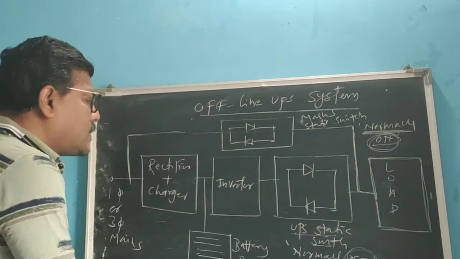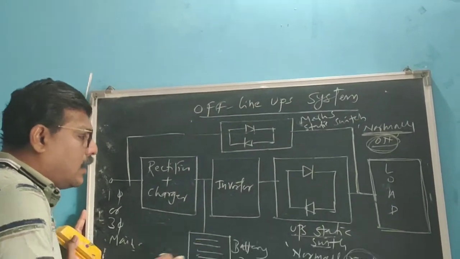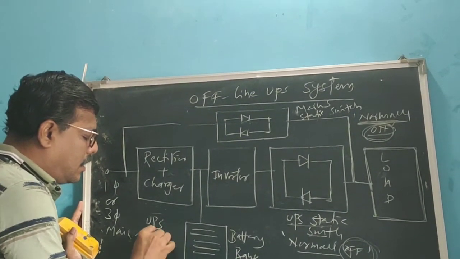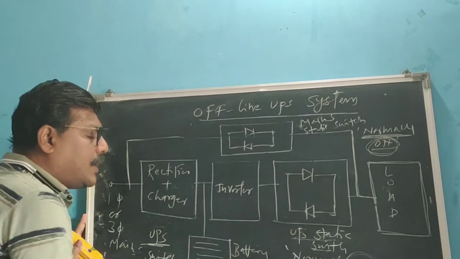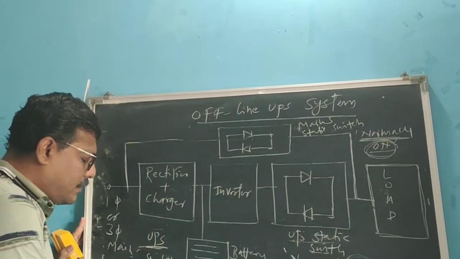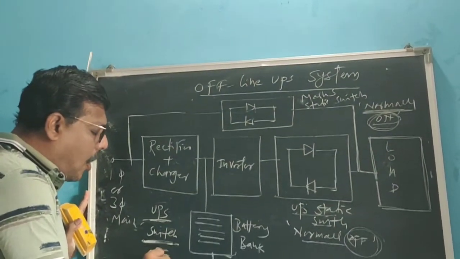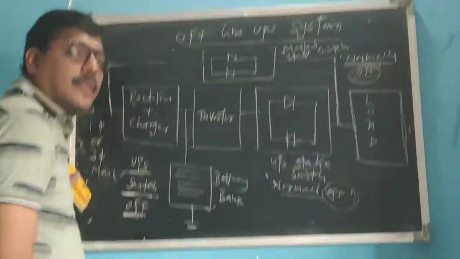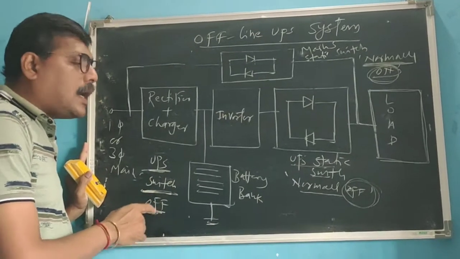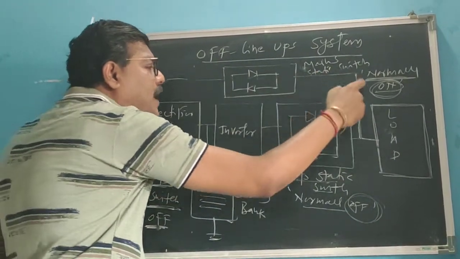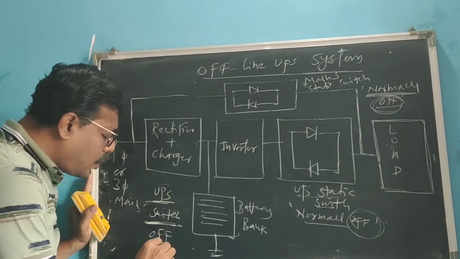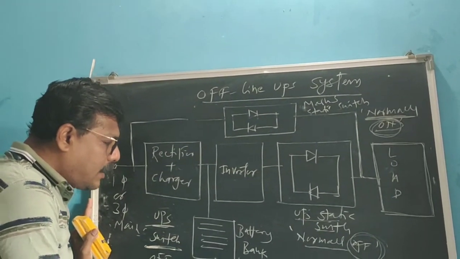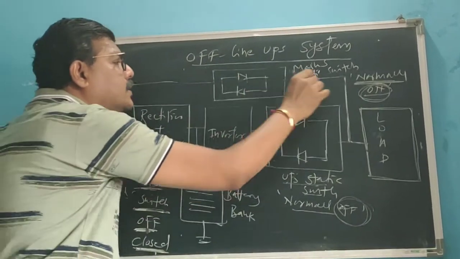Here in this case, the UPS static switch is off. It is in the off position when the AC main supply is present, and it is closed when the AC main supply is not present.